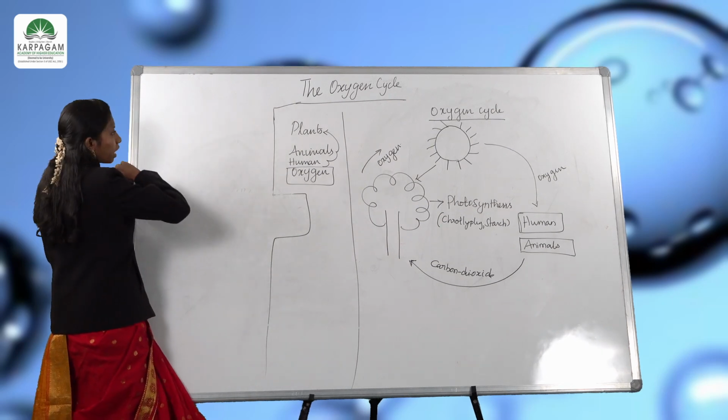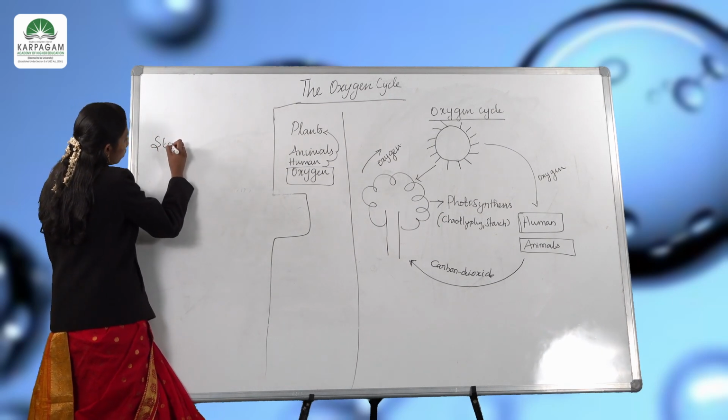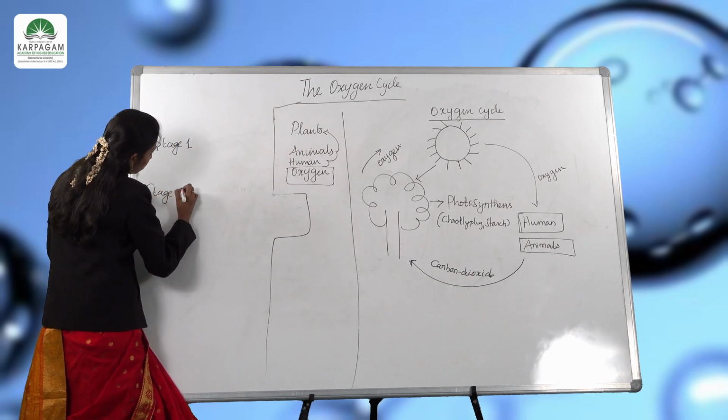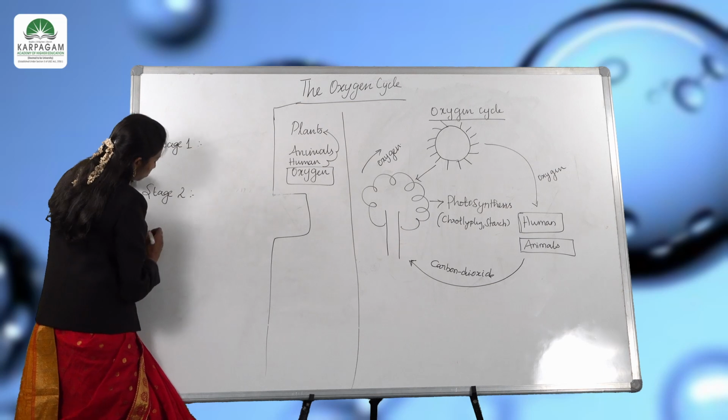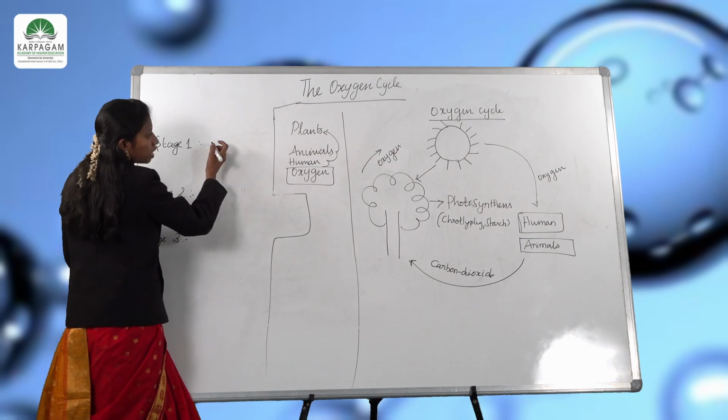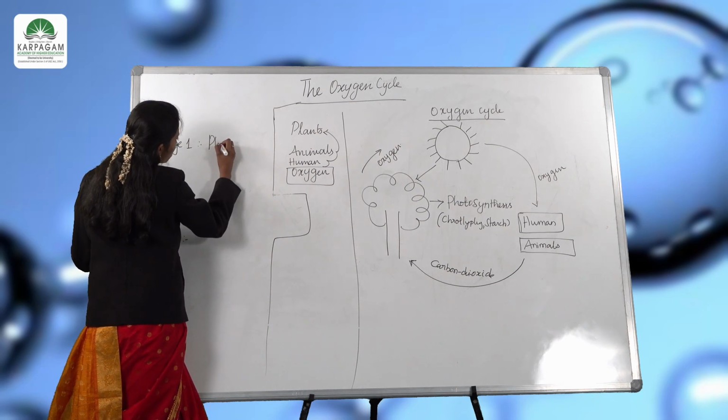So I am segregating it into stage 1, stage 2 and stage 3. Stage 1 is the process of photosynthesis.